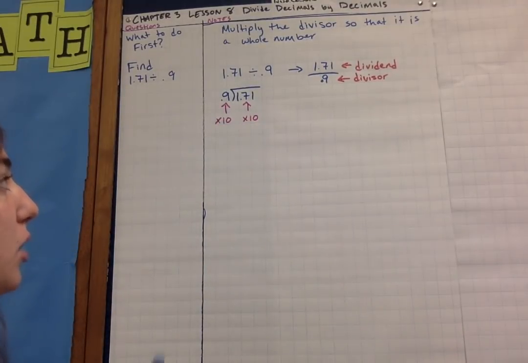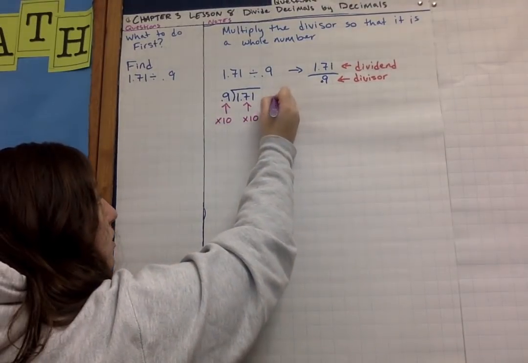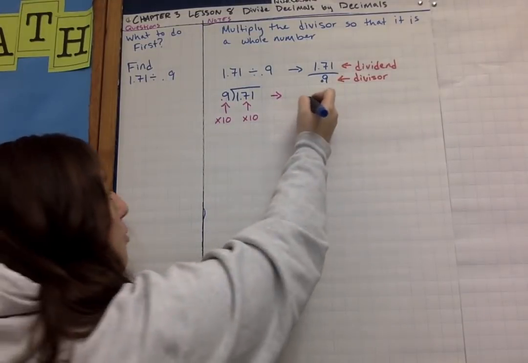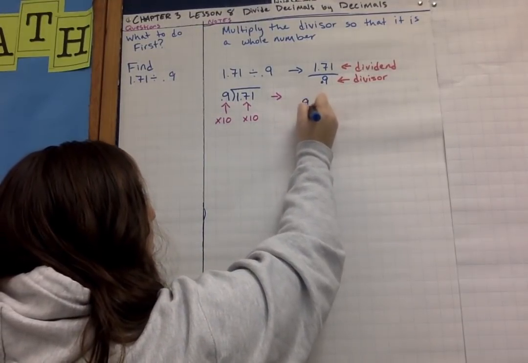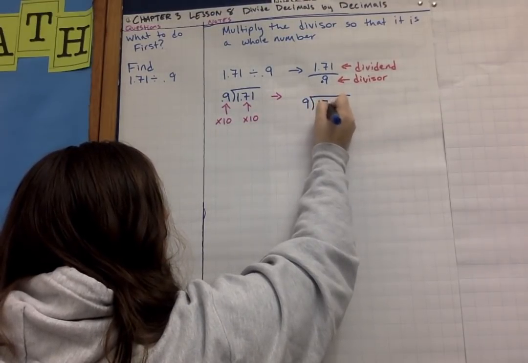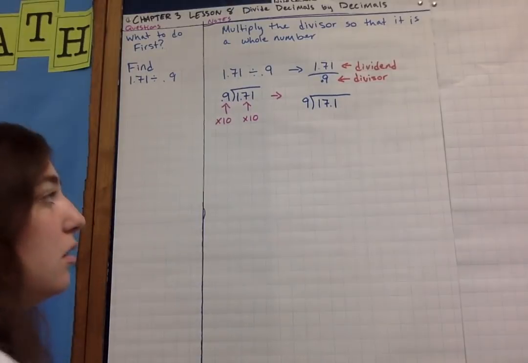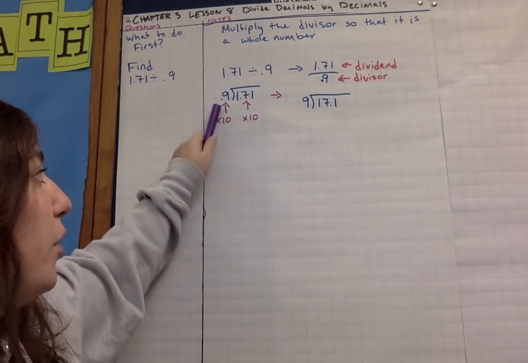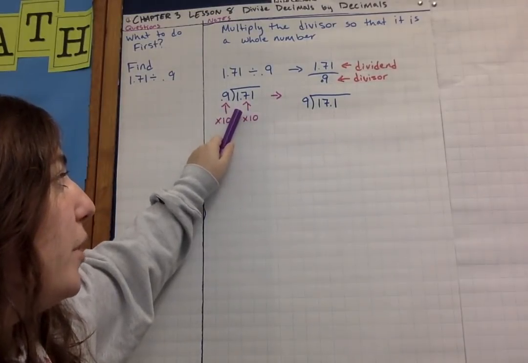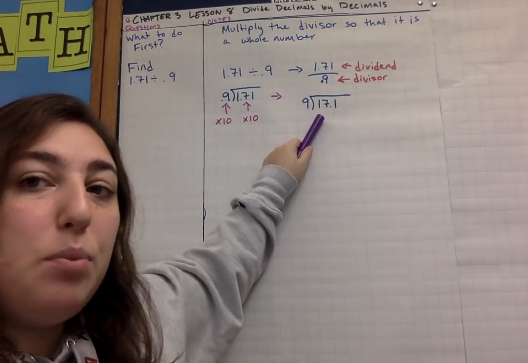Okay, so once I multiply those both by 10, this is what I'm going to end up with. Okay, so 0.9 times 10 is 9, so we got our whole number, and 1.71 times 10 is 17.1.